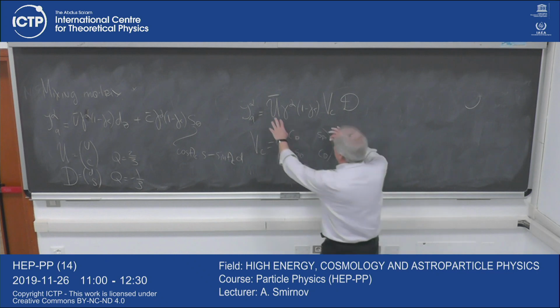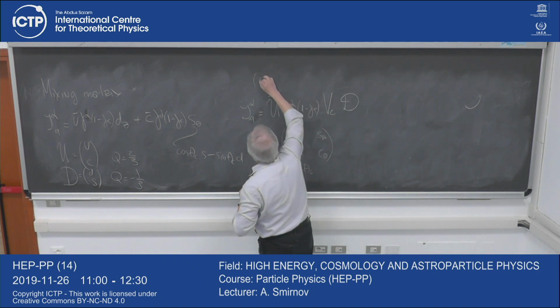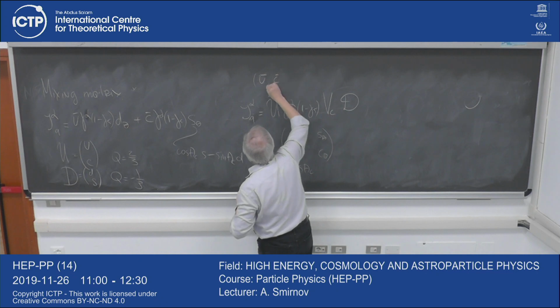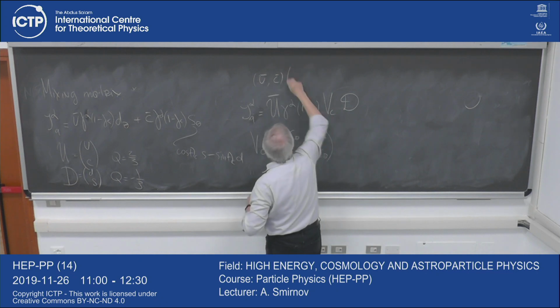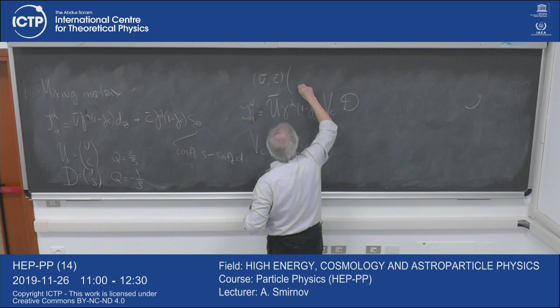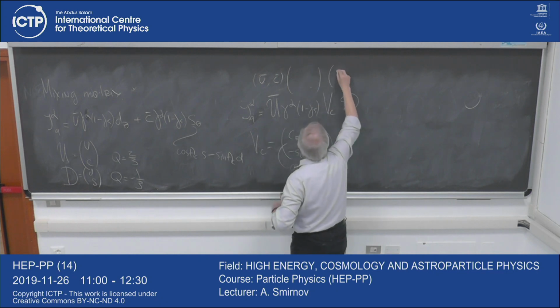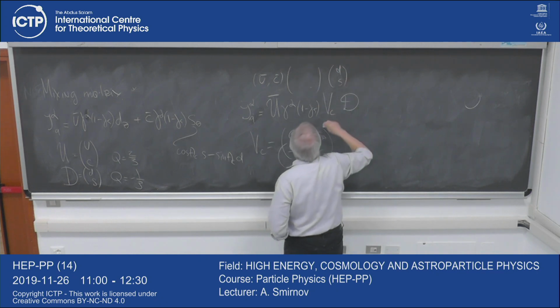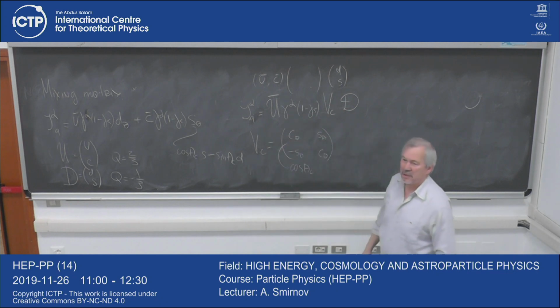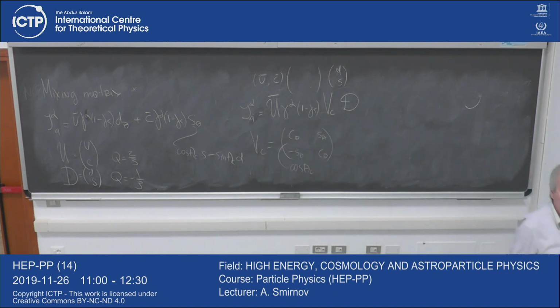So if you just open this, you have here a column U, c, then here you have the matrix with cosine, sine, and here you have d and s, and if you multiply this, you will get this expression. Okay? You can check this by yourself.